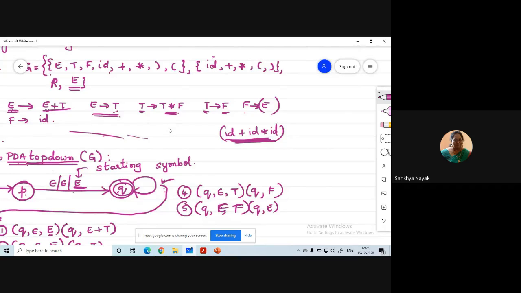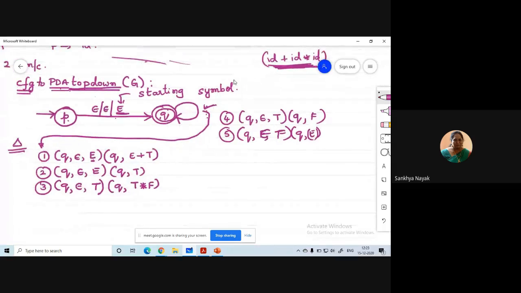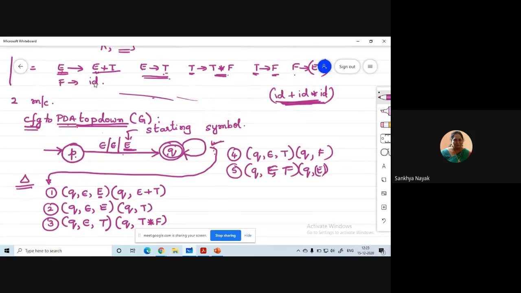So you can replace that F by (E), or you can replace it with an ID. The grammar is here. So this is how you replace the symbols inside the stack. I have replaced every left hand side by the right hand side.